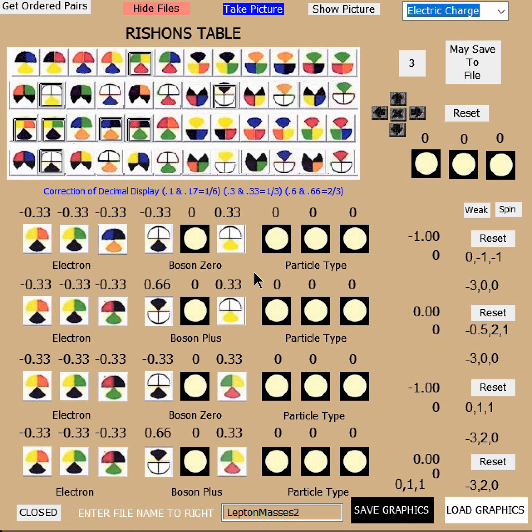Since we have a boson 0 here, the combinatorial value of 0 makes no contribution to the system. So, as predicted, we have 200 electron units for the muon composition.